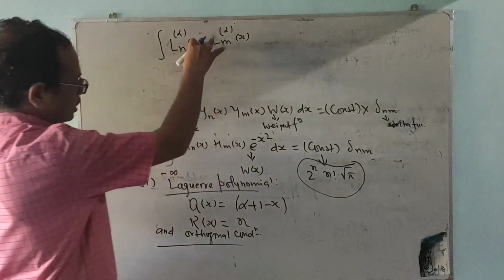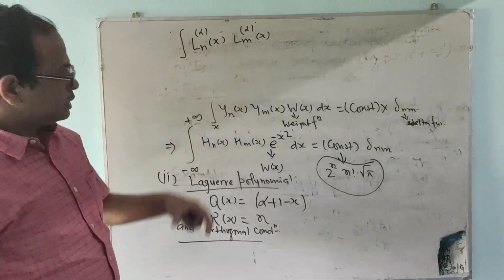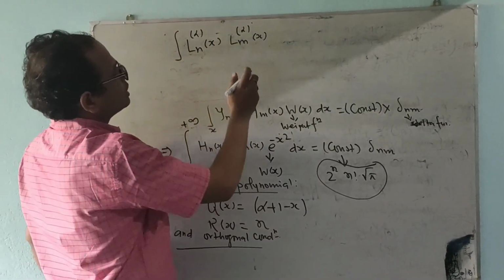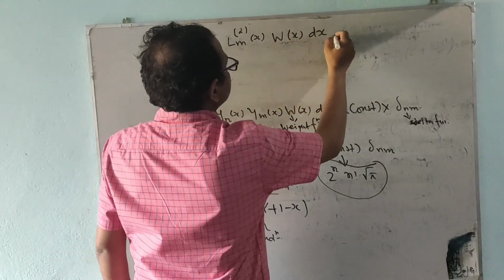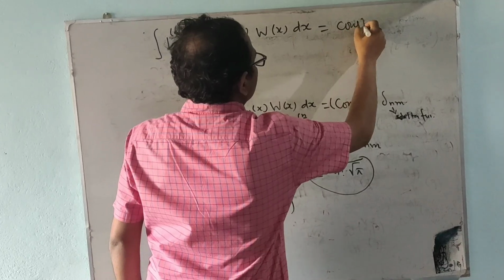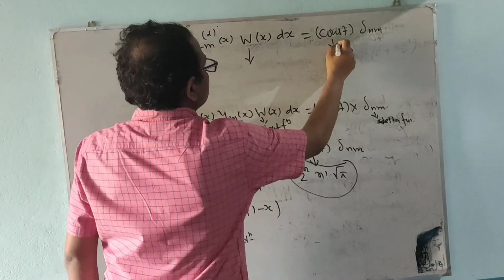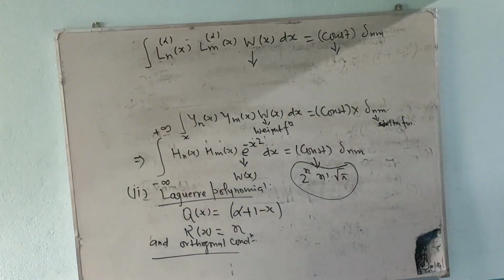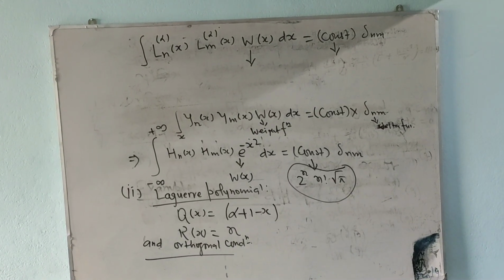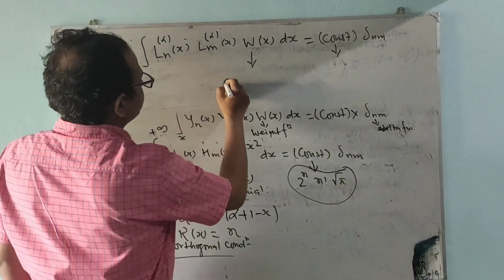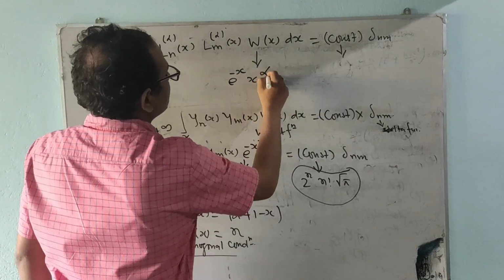We can also prove all these conditions, but we have to use some lengthy calculations. The integral of L alpha n, L alpha m, and some weight function, dx equals this constant times delta nm. In this case, the weight function will be e to the power minus x into x to the power alpha.